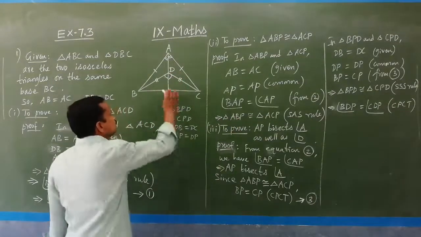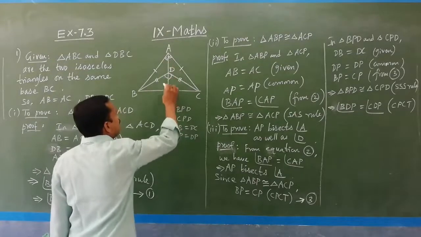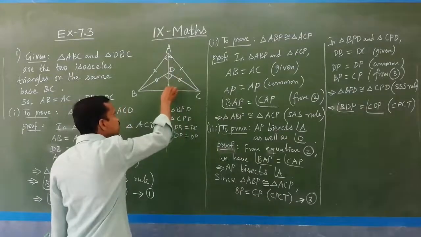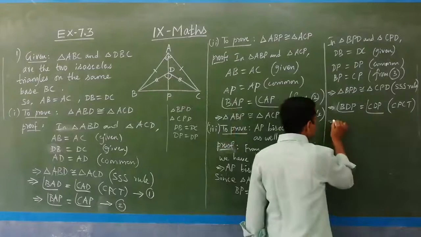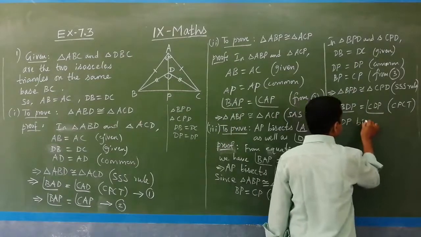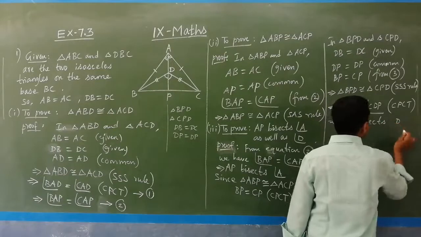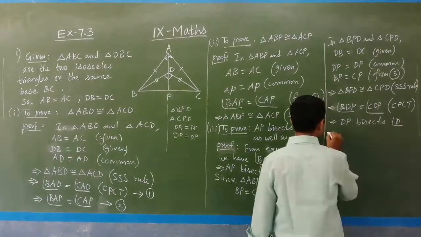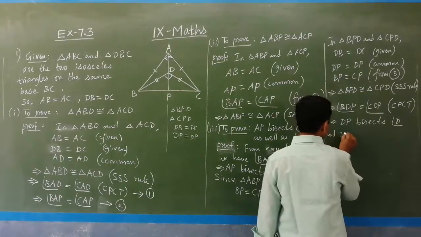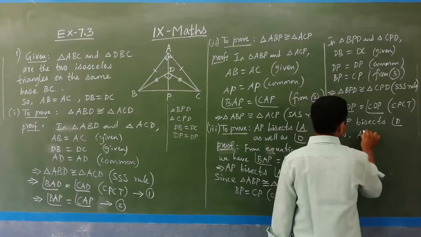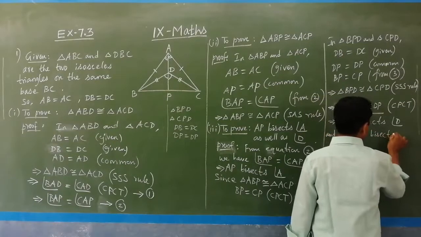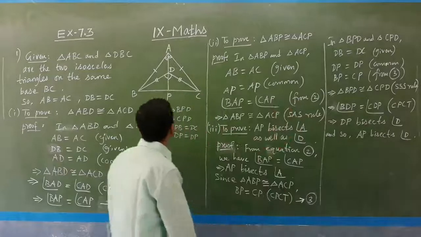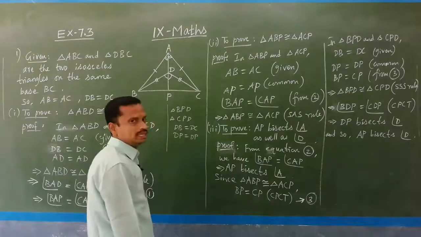Then we can say that DP bisects angle D. In these two triangles, DP bisects angle D. This implies DP bisects angle D, and so AP bisects angle D, because DP is along the line segment AP.